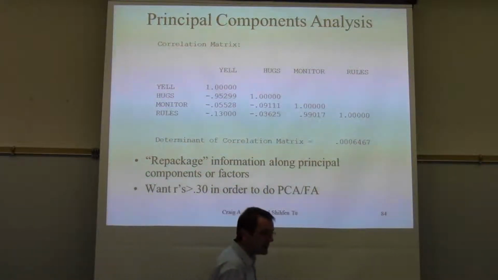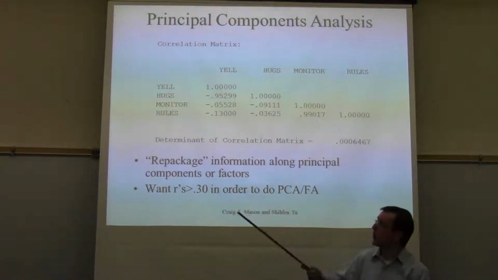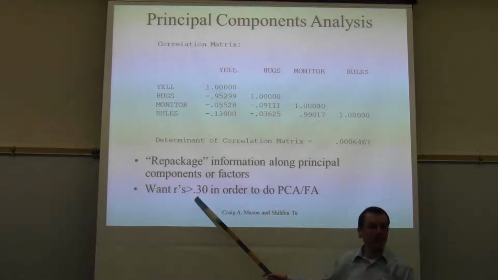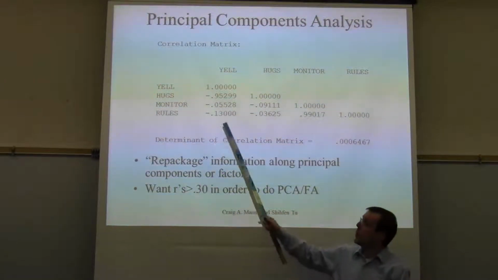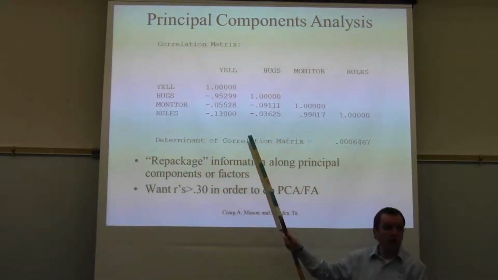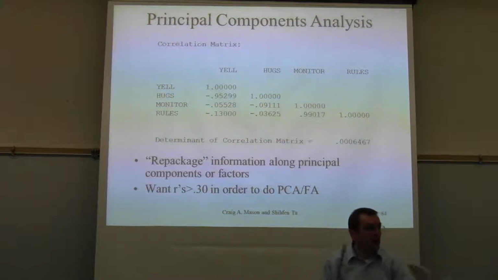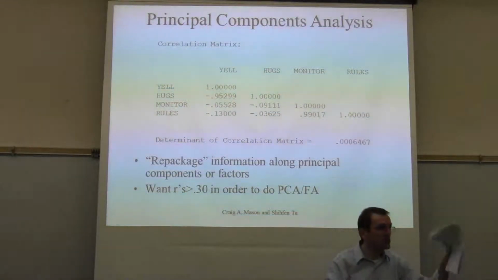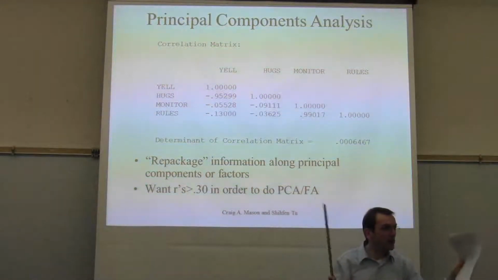For factor analysis, what you want to see in your correlation matrix are correlations greater than 0.3 at least, as a rule of thumb. If the correlations are all 0, there's no way to collapse the information. It's like what we saw with the hair color and IQ and weight.